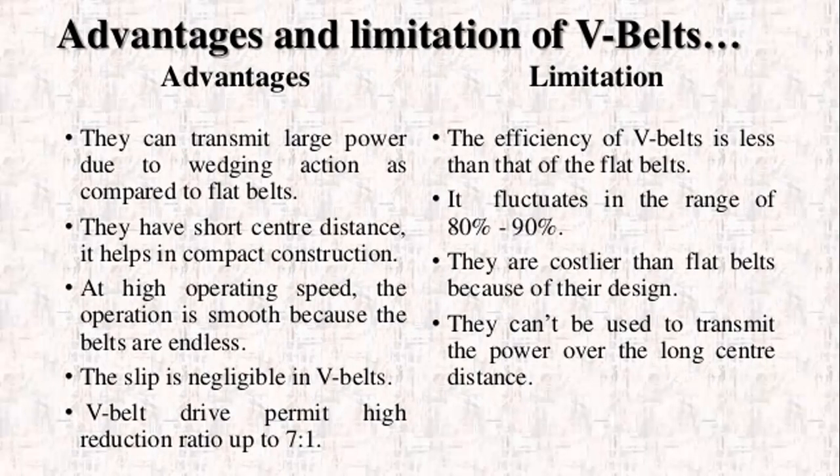The slip is negligible because of the very high friction. Next, V belts permit a high reduction ratio up to 7:1.